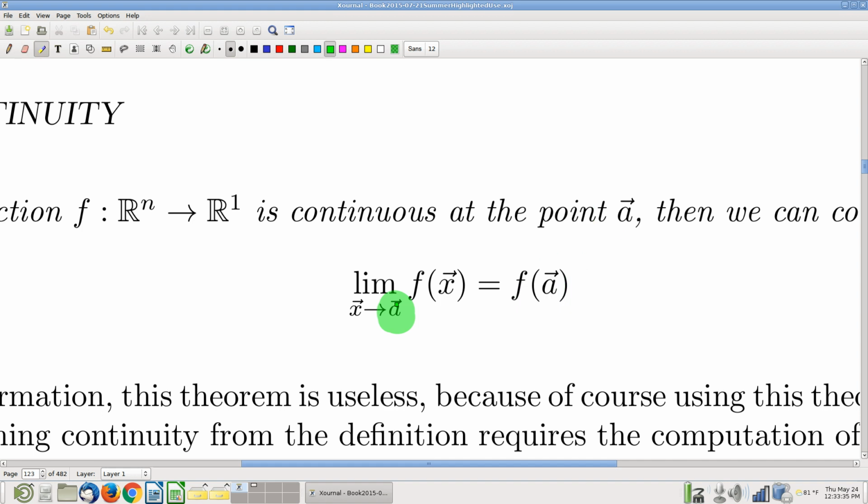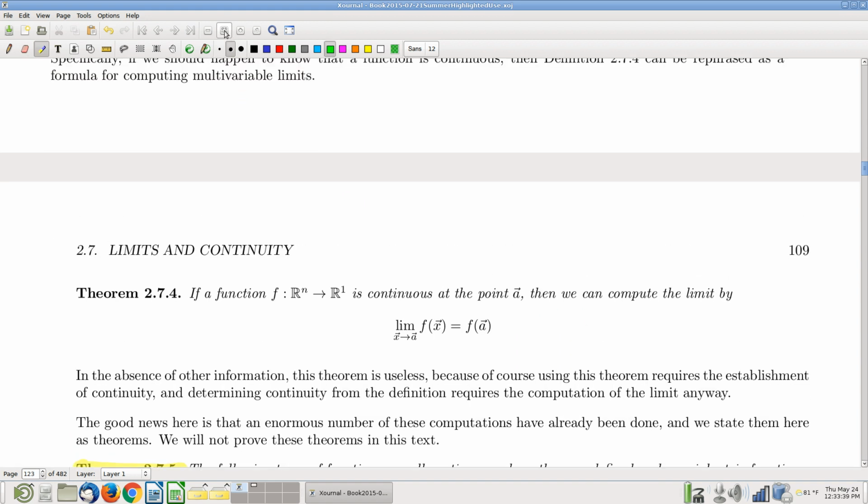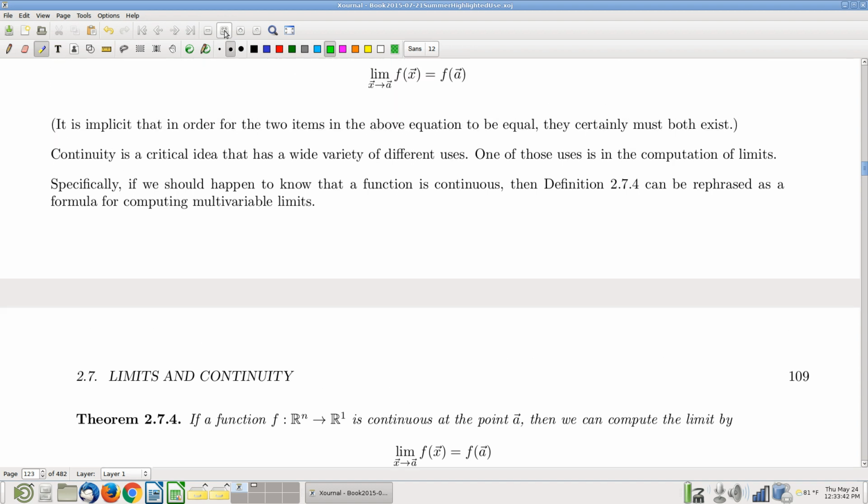Now, not a terribly big surprise, because let's again go back and compare this to our definition of the limit. Notice they're the exact same equation. So this equation, we're using it as a definition of a continuous function, definition of continuity. We're also using it as a method for computing limits.